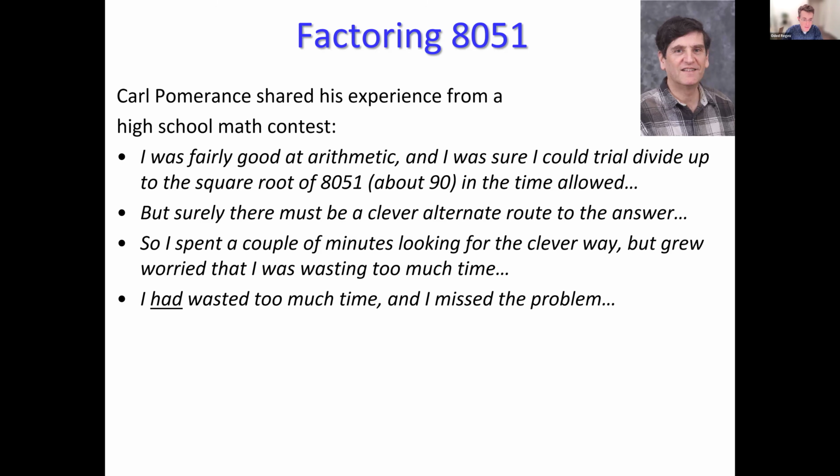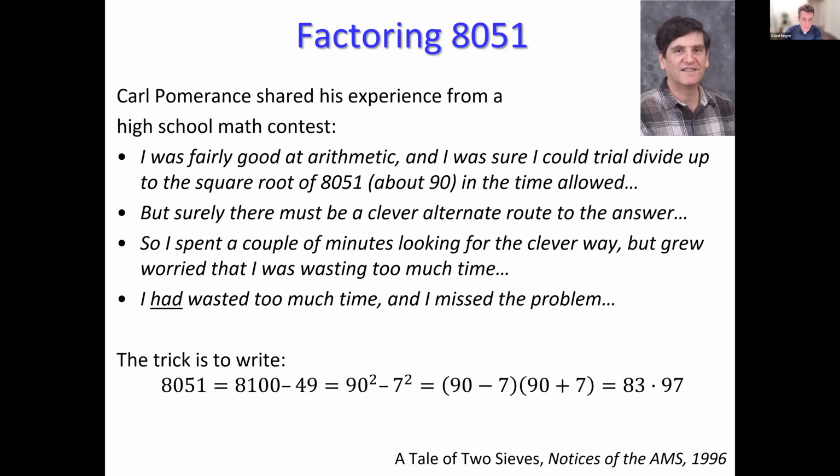This experience must have been quite traumatic for him. And later he went back and figured out the trick. The trick is that you can write 8051 as 8100 minus 49. So it's a difference of two squares, 90 squared minus 7 squared. And this you can just write in this nice way: it's 90 minus 7 times 90 plus 7, which is 83 times 97.